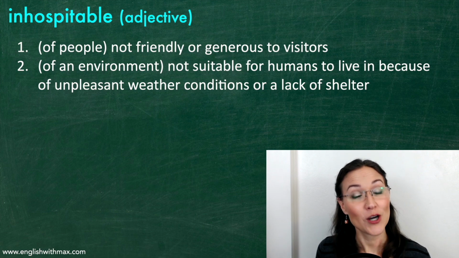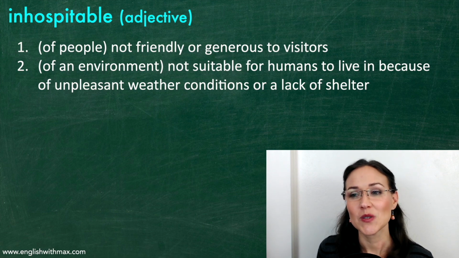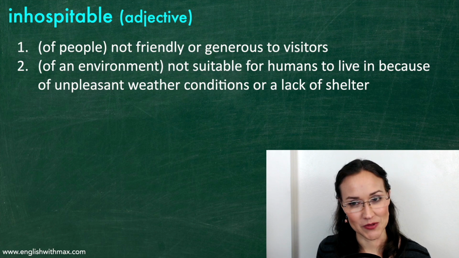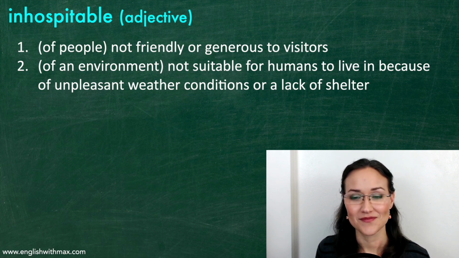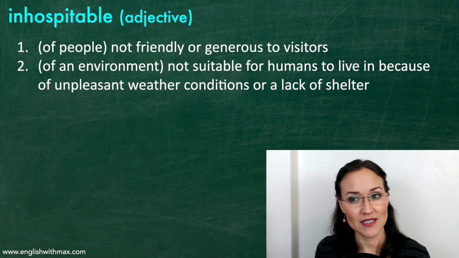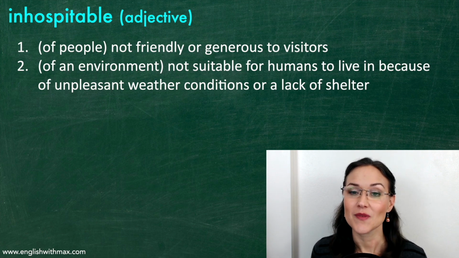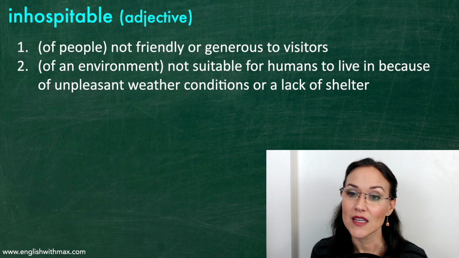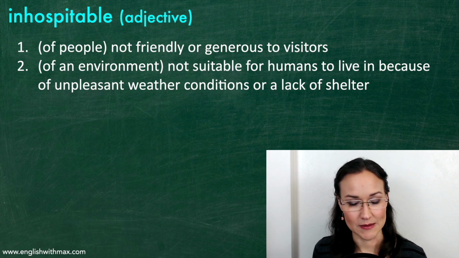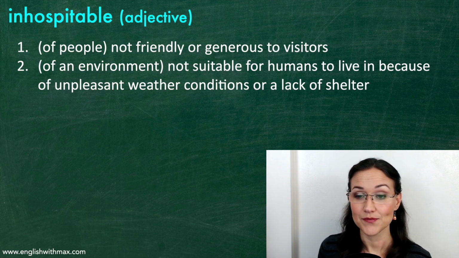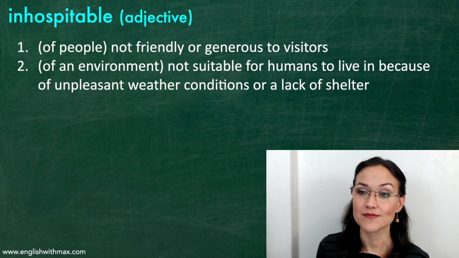Now we have the opposite of hospitable, which is inhospitable. This is also an adjective. Inhospitable has a couple of meanings. Number 1, of people. Not friendly or generous to visitors. Number 2, of an environment.